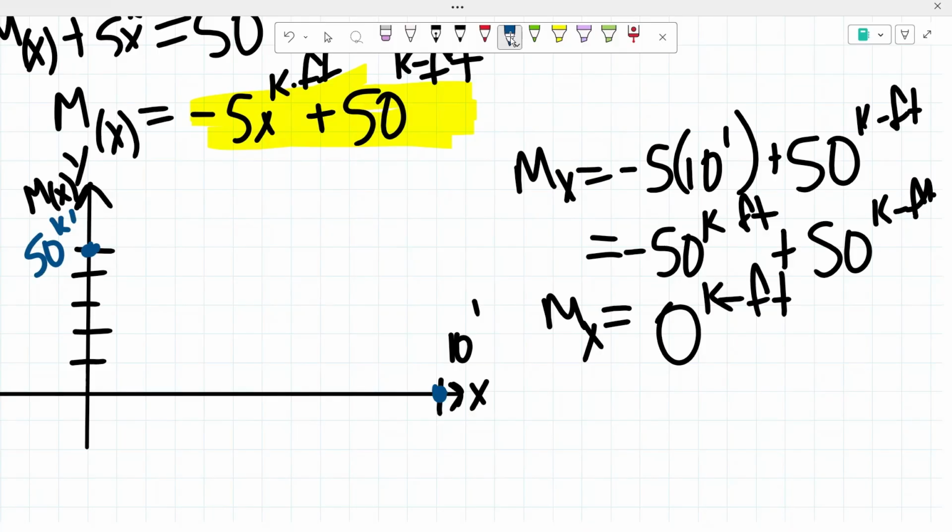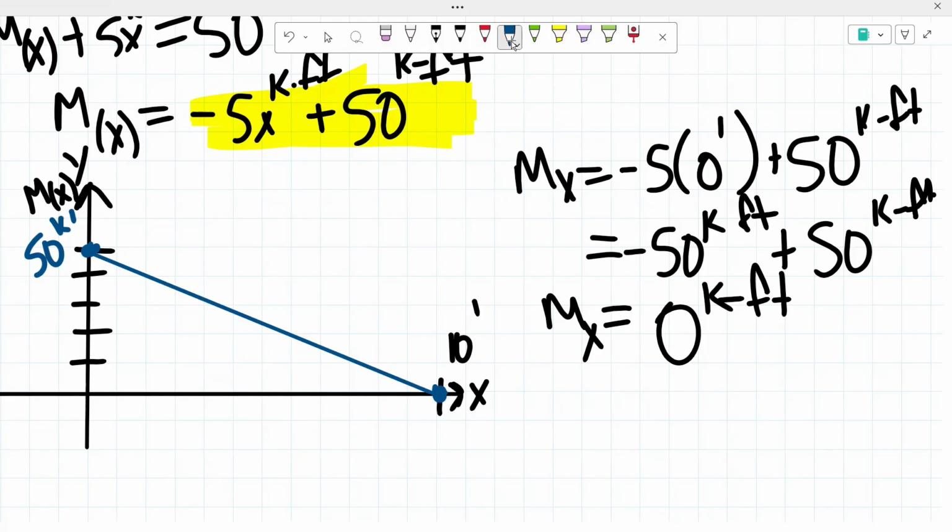Our moment at 0 feet is equal to 50 kip feet because if we were to plug in 0 instead of 10, you would see here that negative 5 times 0 is 0, so that would just leave you with the moment at 0 feet being 50 kip feet. Now, what you could do is you could just draw a line connecting that, showing your moment.